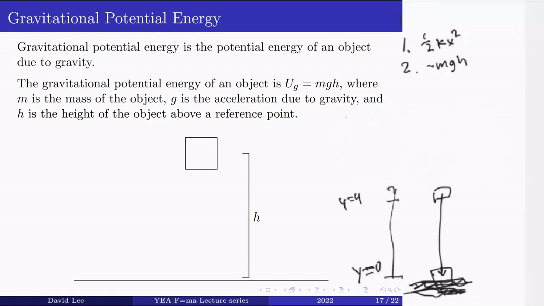Initially it has mgh, or 4 mg potential energy, and at the bottom it has 0. So the change in its potential energy is just 4 mg.